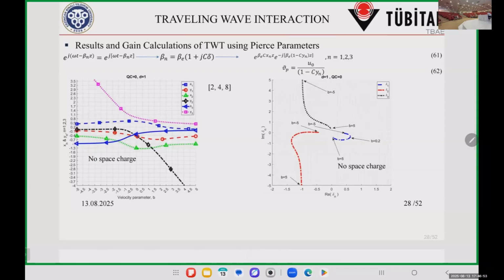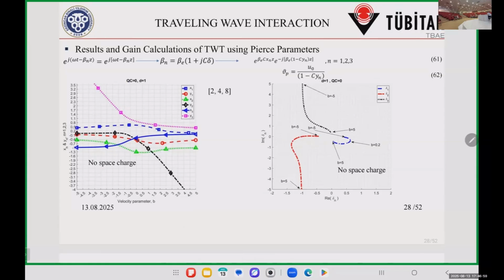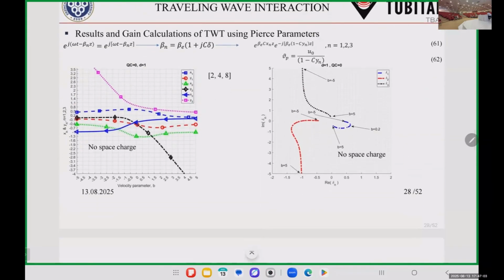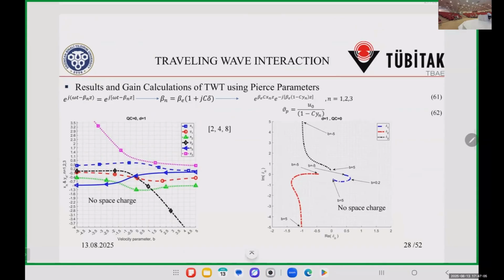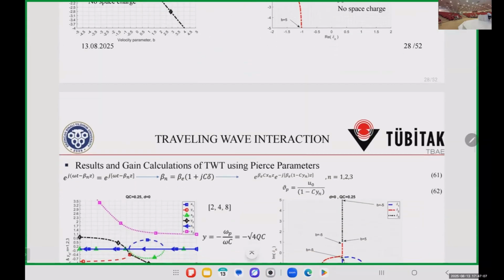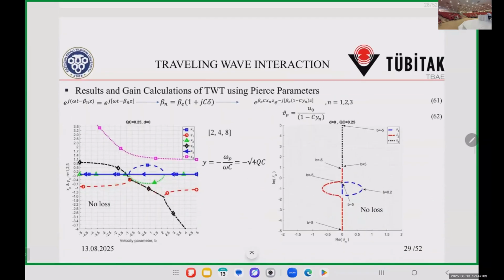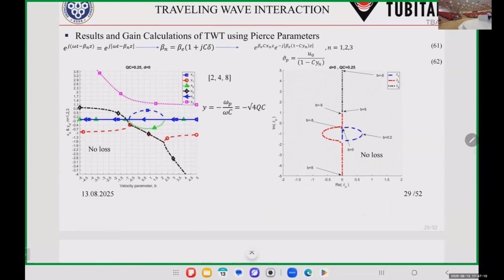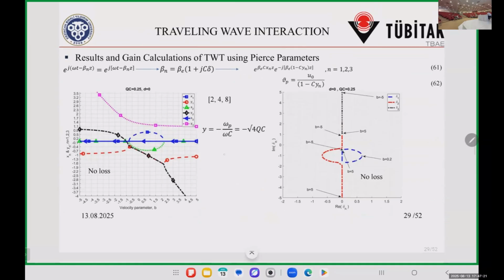So the loss affects the increasing wave condition. And if we just change space charge here with no loss, then we can obtain this graphics, and we can say some assumption here.